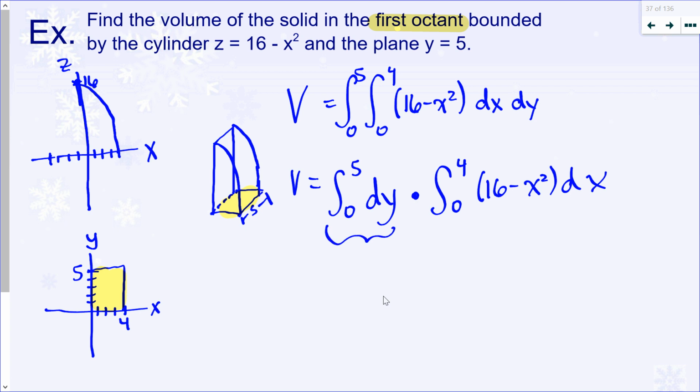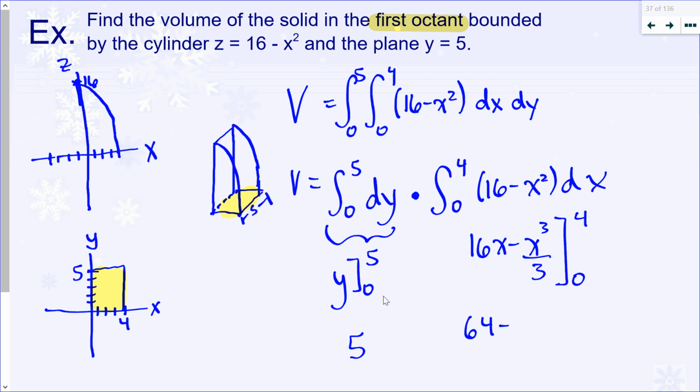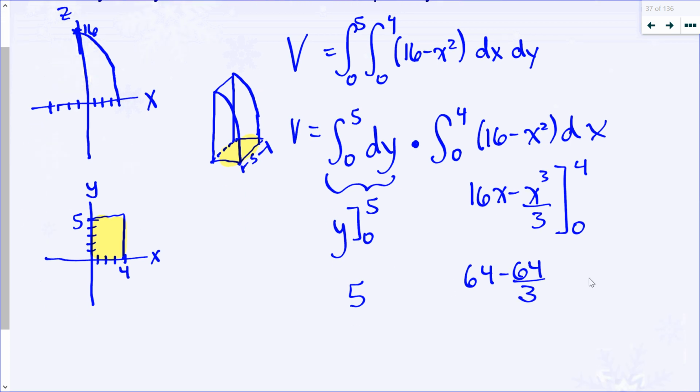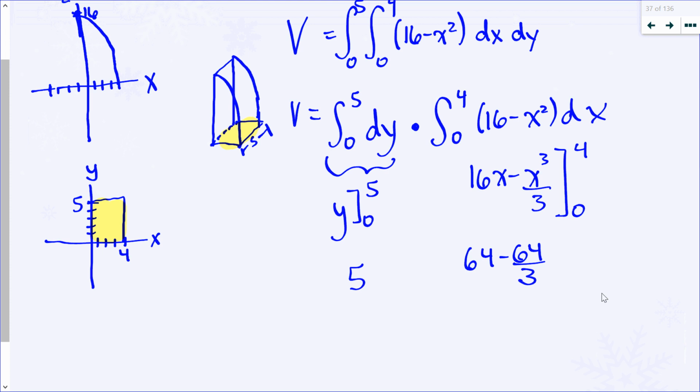So this is just going to be y from 0 to 5, which is 5. And this is going to be 16x minus x cubed over 3, evaluated from 0 to 4. So what we get is 64 minus 64 thirds. And then doing that math, we're going to get 128 thirds.